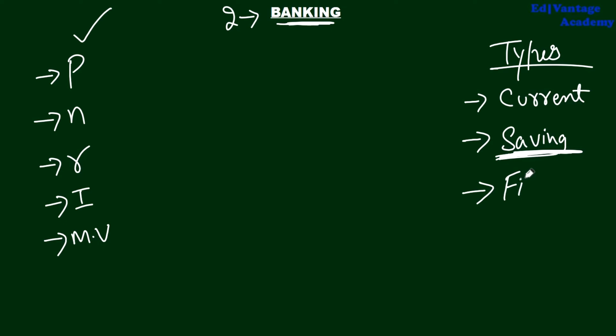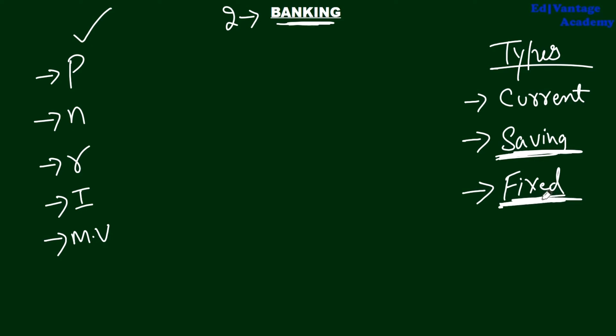We have another type of account called fixed deposit account. In this type of account, while opening you deposit some money and that remains with the bank until the expiry of the time which you have chosen while opening this account.